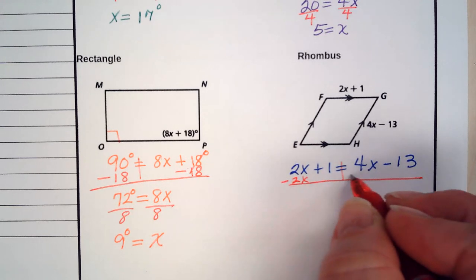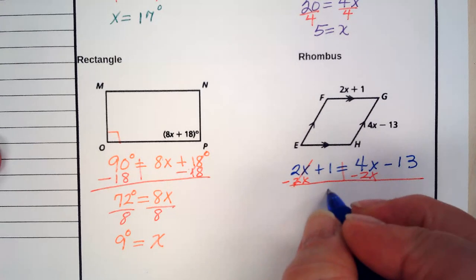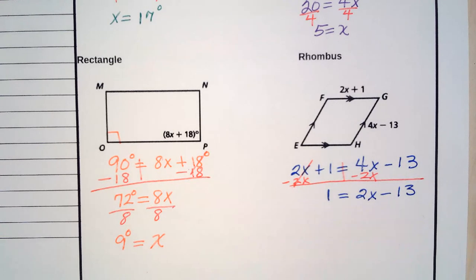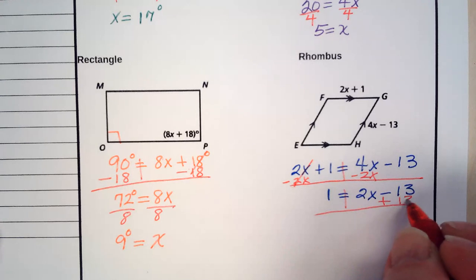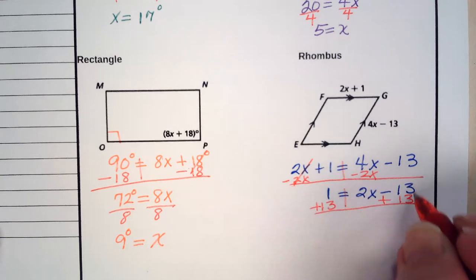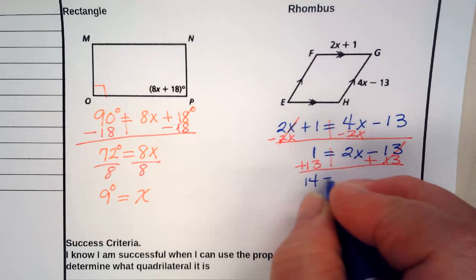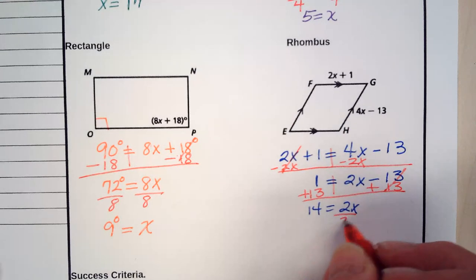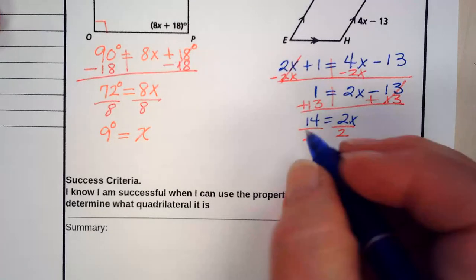Subtract 2x from both sides. 1 is equal to 2x minus 13. Add 13 to both sides. 14 is equal to 2x. Last step, divide by 2. 7 is equal to x.